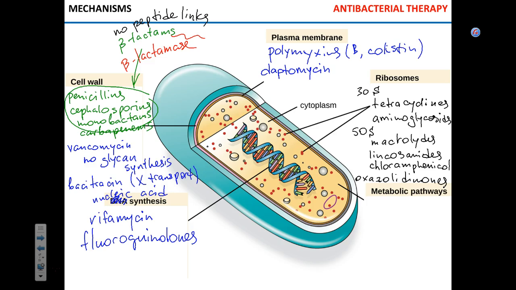And inhibitors of metabolic pathways. So folic acid synthesis. Which ones? Sulfa and trimethoprim. Mycolic acid synthesis.